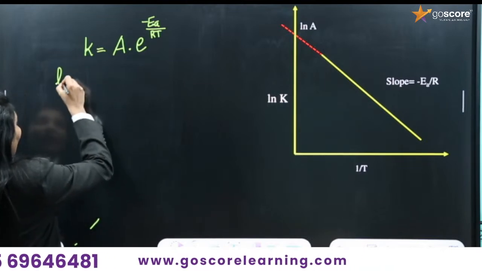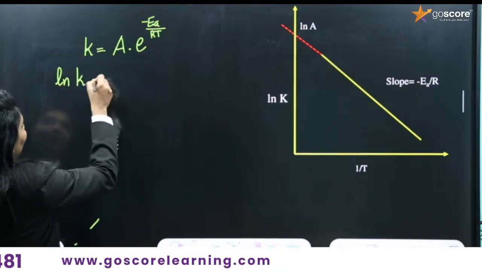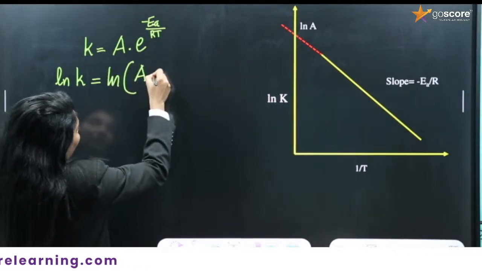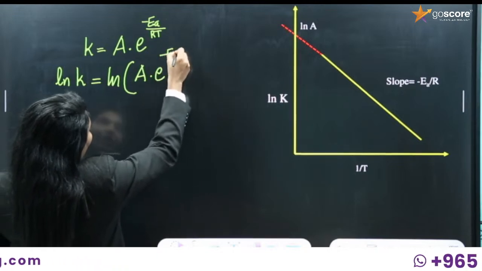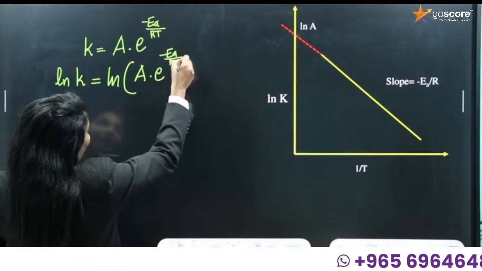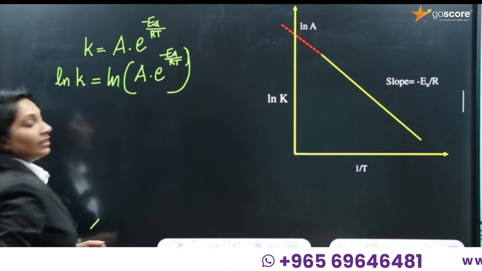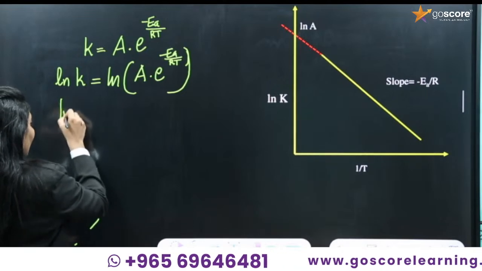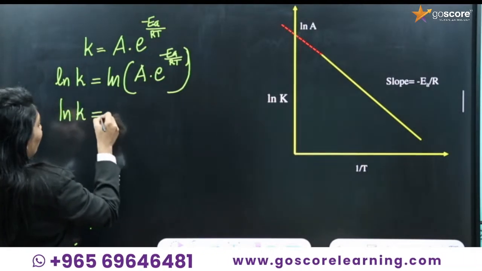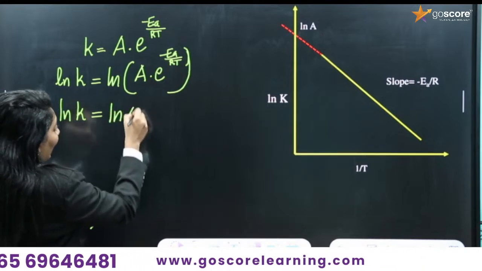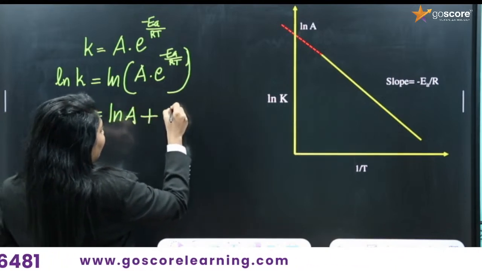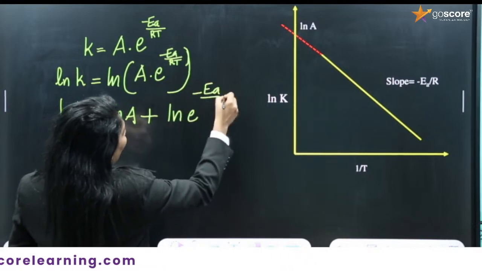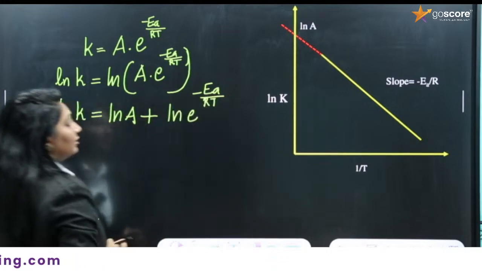It will be ln k = ln (A e^(-EA/RT)), right? So, this one we can rewrite as ln k = ln A + ln e^(-EA/RT), isn't it?